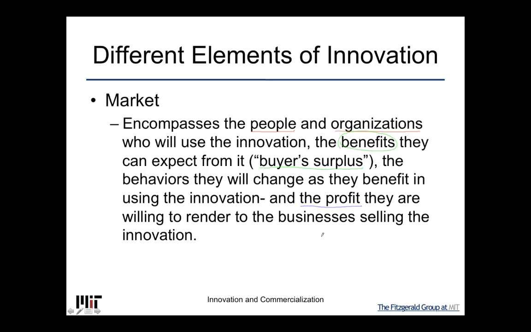To give you an idea, if you think about the internet, there's a lot of products on the internet which give the user a big buyer surplus, but the profit piece is actually quite small, and therefore the company can only do well if it's amortized across a huge number of customers.